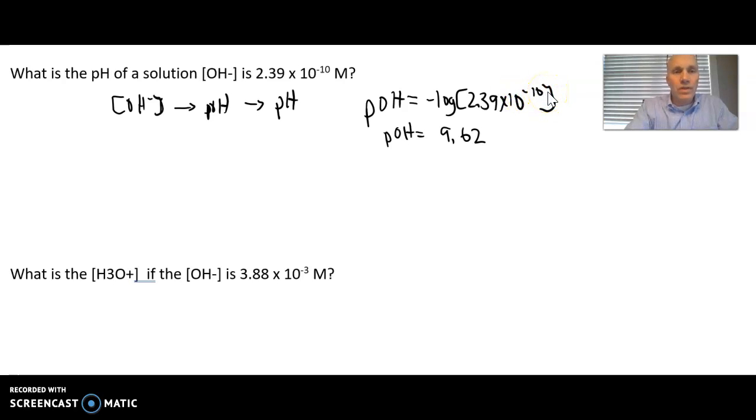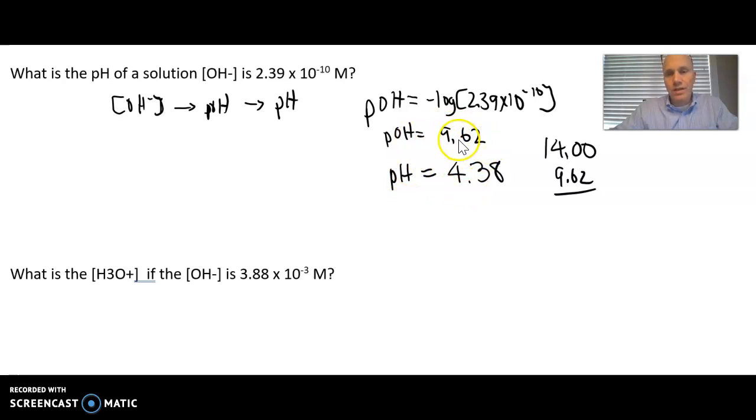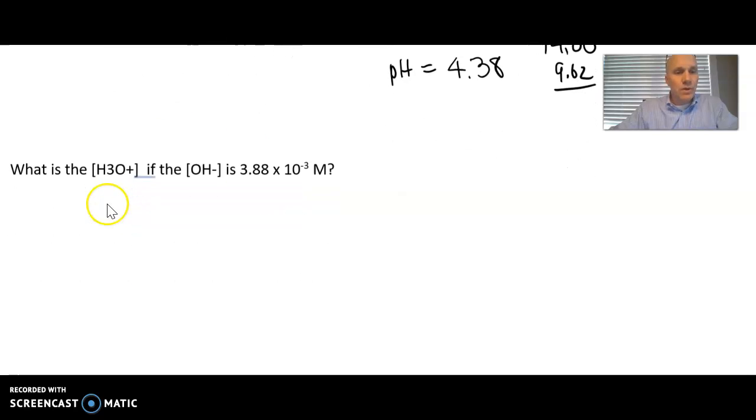We can then turn this into pH by subtracting this number from 14. You get this number right here. One thing I do want to point out is that both pOH and pH are unitless. So when you say that the pH is 4.38, there is no unit after that you have to say.